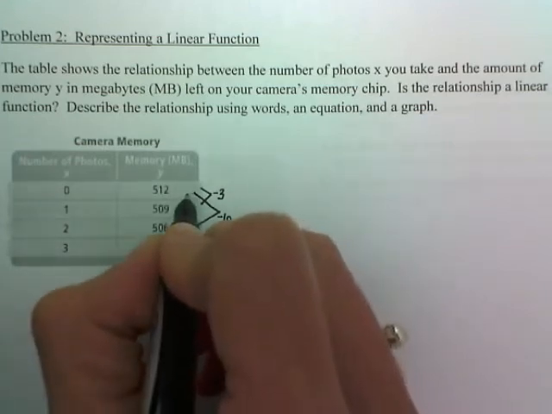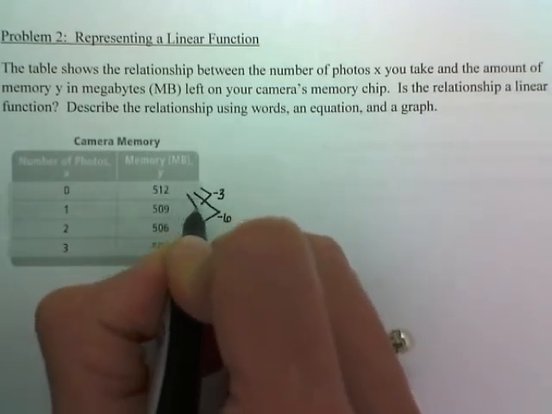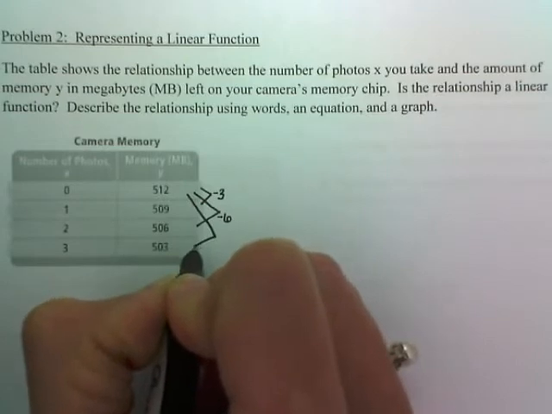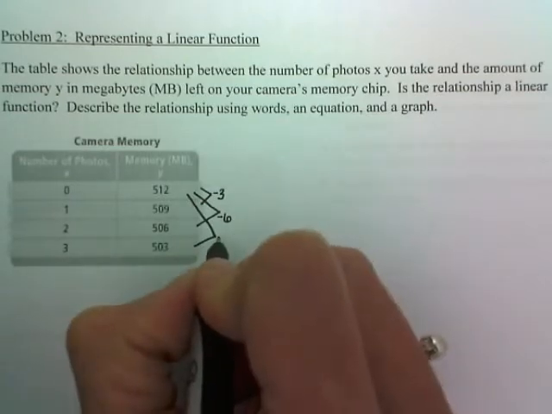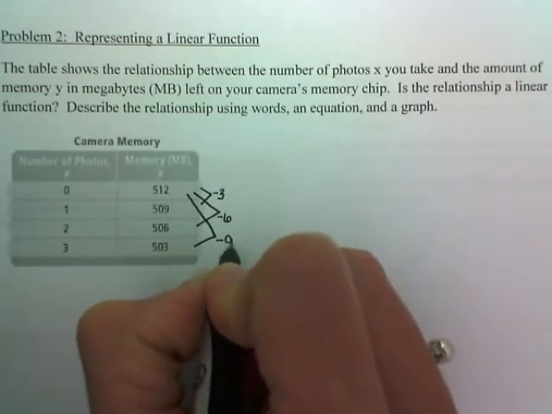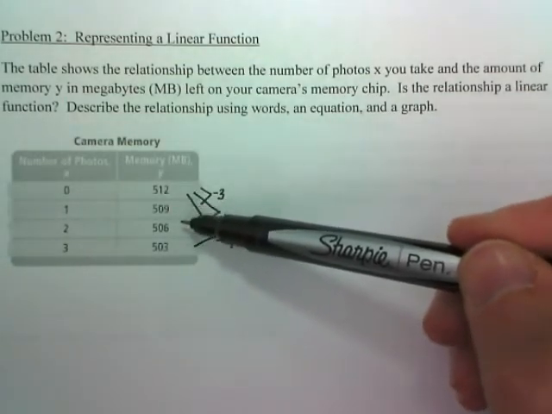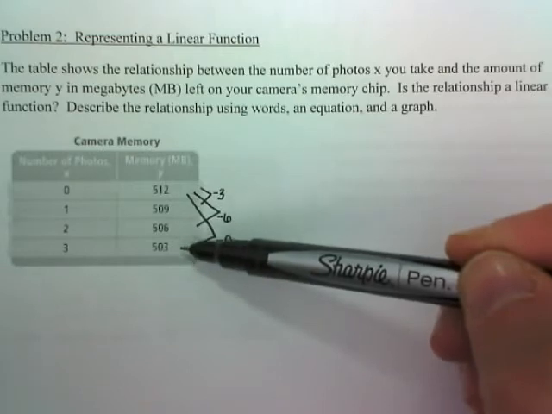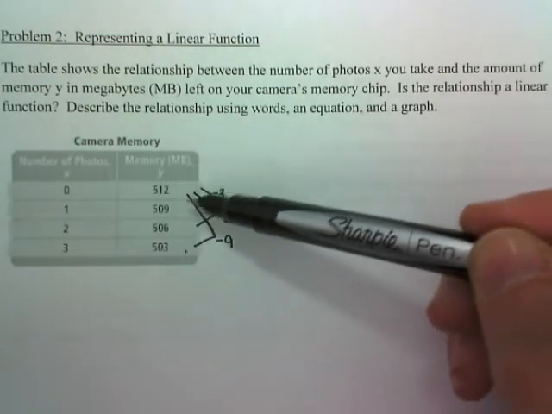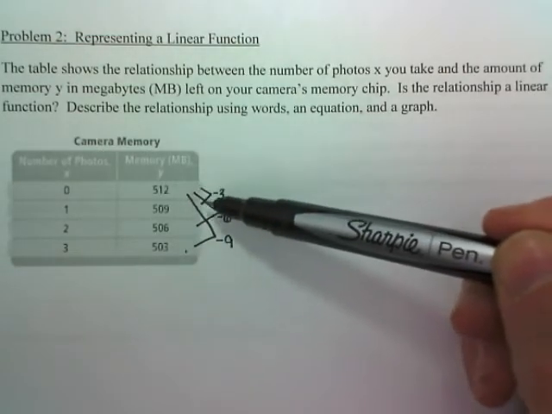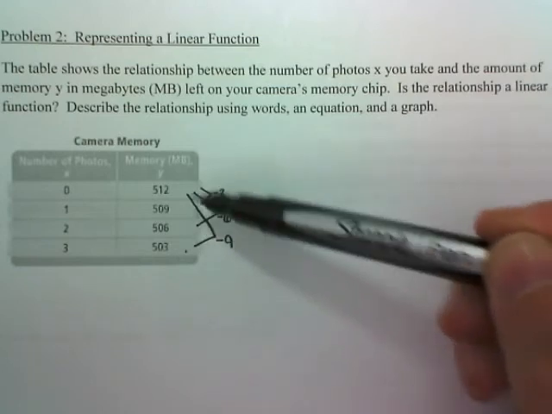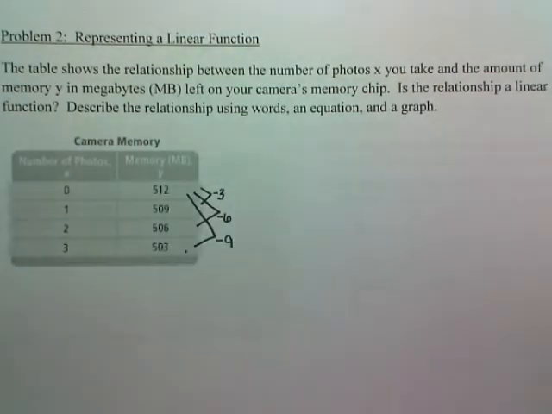And the same thing here, if I were to take 3 pictures, that would be from 512 straight to 503, and that would be a difference of 9. So you can see that we're going down by 3 every single time. But from the original amount, it's going down 3, then down 6, then down 9.